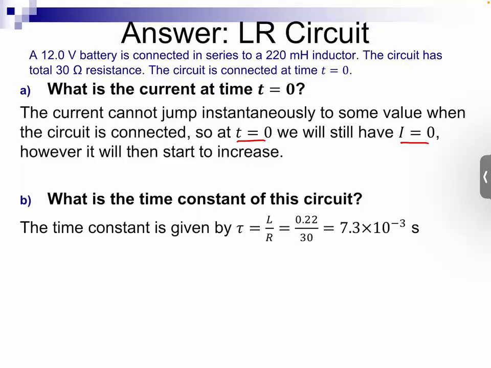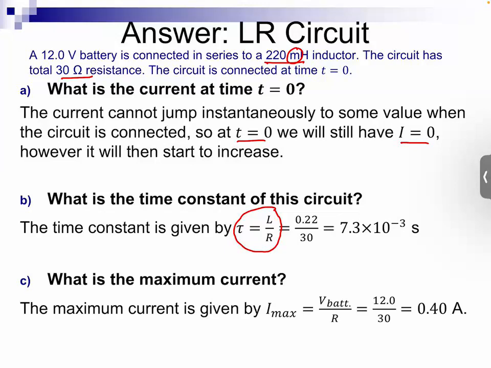Okay, the time constant, it's from definition. It's the ratio of the inductance L, and don't forget to expand that prefix milli, divided by the resistance R. Right, so at this time, the current would have reached 63% of its maximum value.